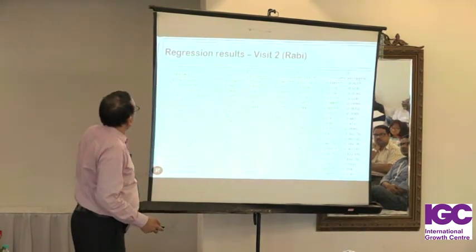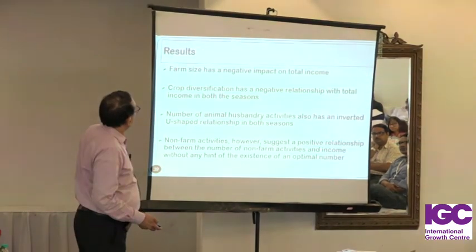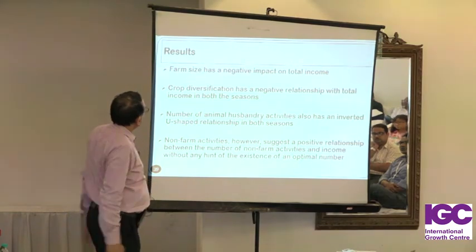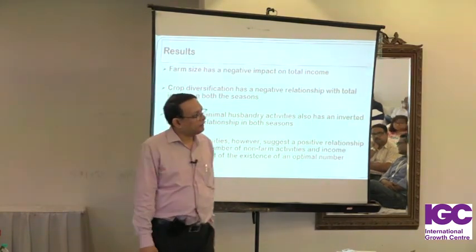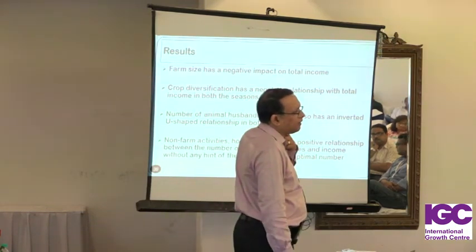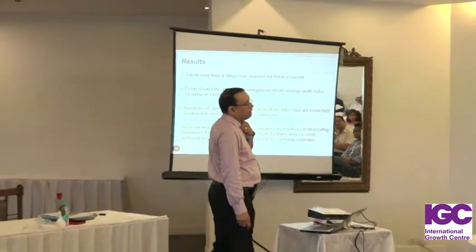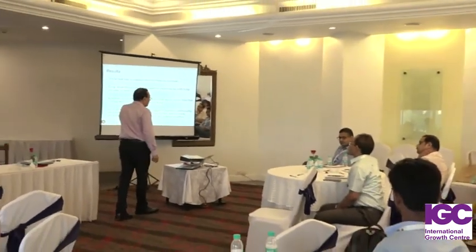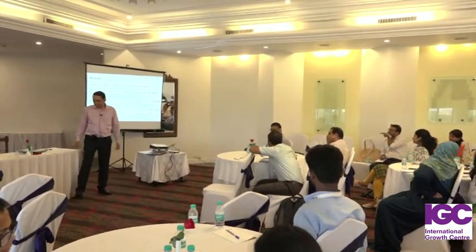Okay. So this is for the Rabi season, same set of variables we use. Okay, and here are the results. We possibly could have done that.